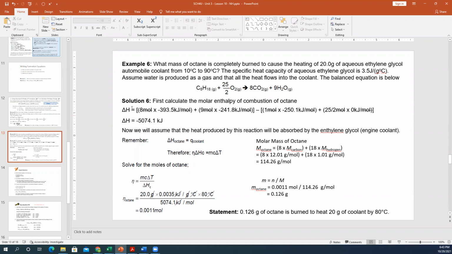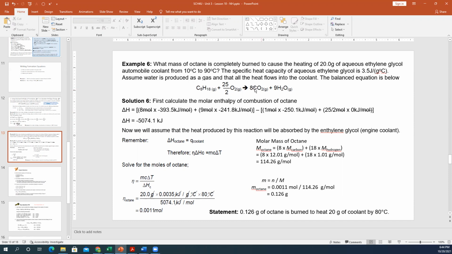So delta H is equal to, we use the equation where we can take the sum of the delta H formations of all of our products, minus the delta H formations of all of our reactants. And we can do the math and end up with the delta H. These are values that we can look up in that table.